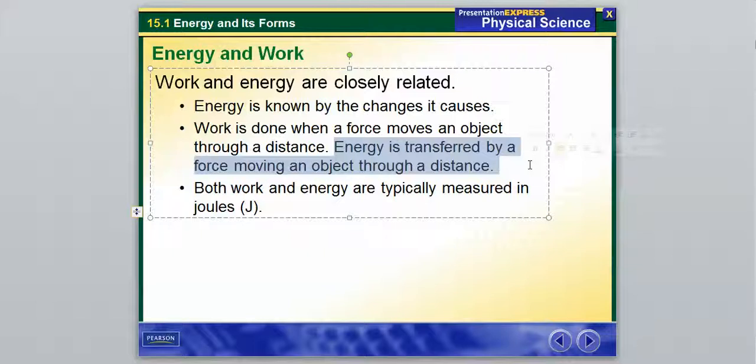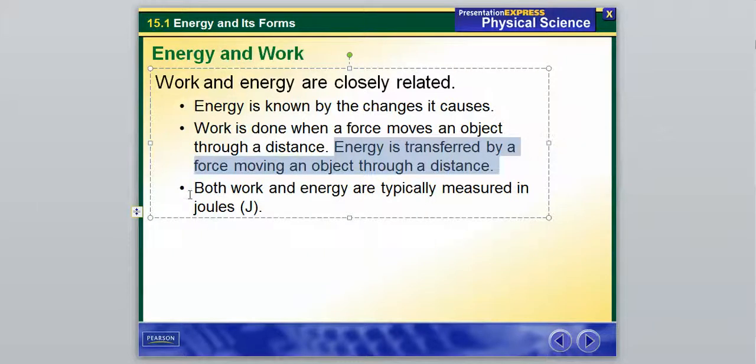That's how these two are so closely related. When you made your machines, energy was being transferred through them as work was being done on your different simple machines. That is the connection between energy and work. I think it's really important that while work is being done, energy is being transferred.